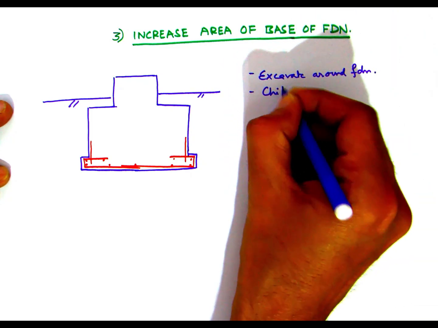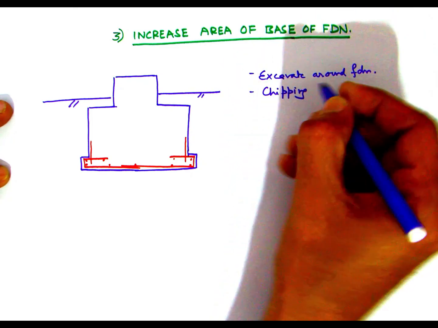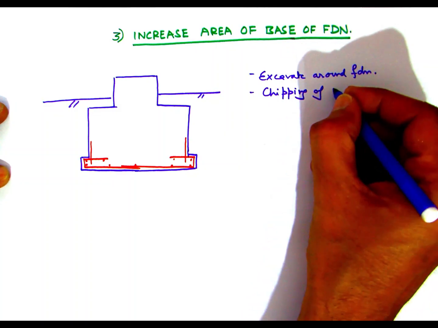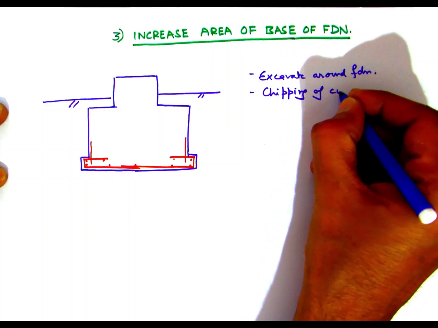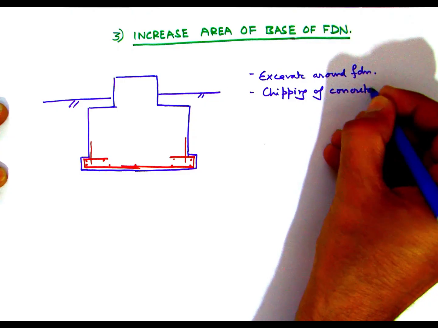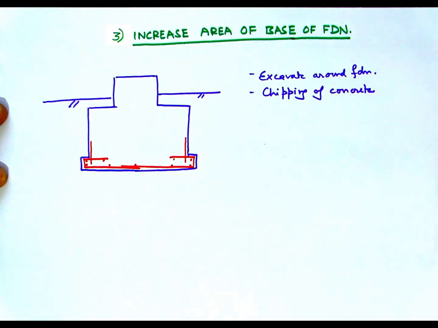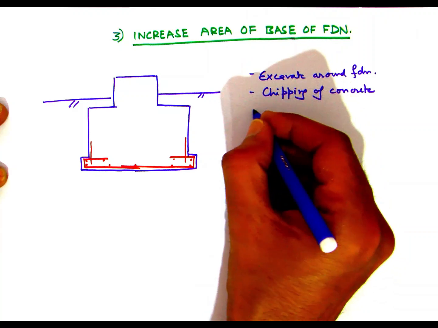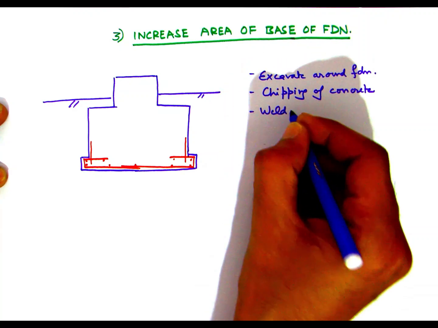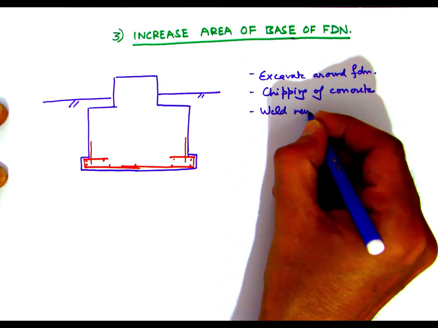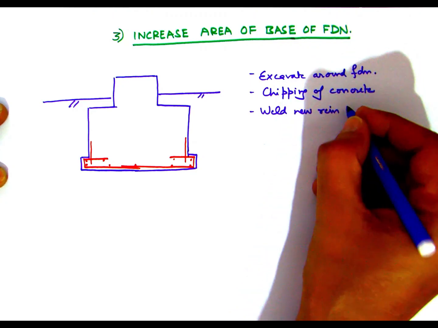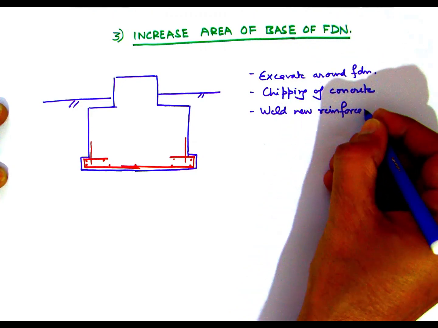So what this process involves is that we need to excavate the soil surrounding the foundation, as in the case of the previous measure, and then we need to chip off the concrete cover from the base so that the reinforcement is visible.